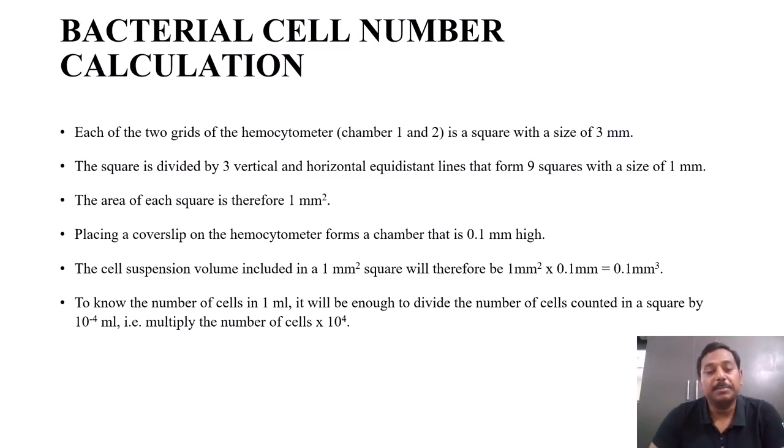So the cell suspension volume will be 1 millimeter squared times 0.1 millimeter, which is equal to 0.1 millimeter cubed. To know the number of cells in 1 ml, it is enough to divide the number of cells counted in a square by 10 to the power minus 4 milliliters, which is by multiplying the number of cells by 10 to the power 4.